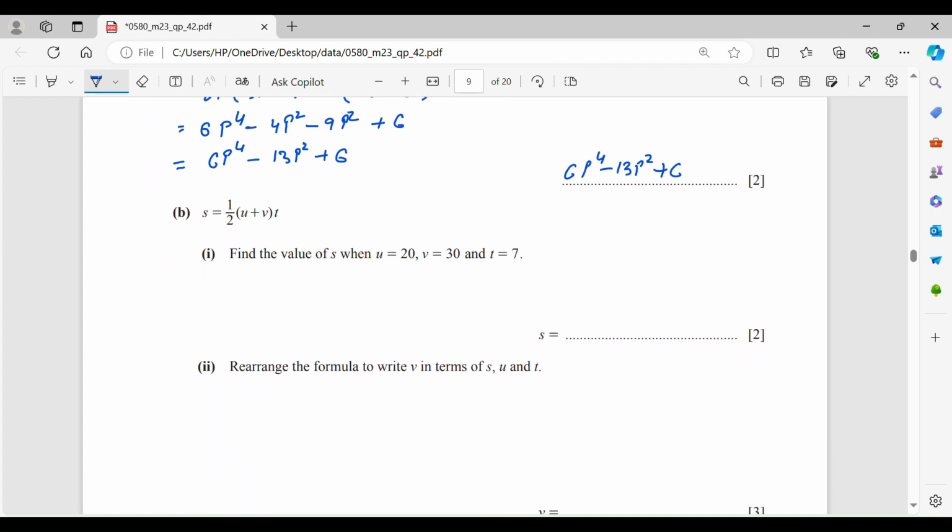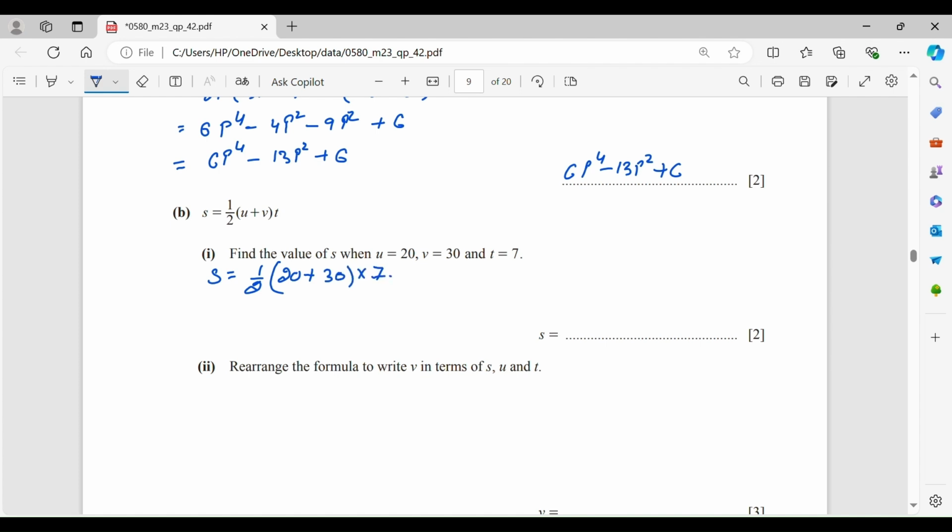Next, part B. For s is equal to the given formula, find the value of s when these values are given. So we need to substitute these values. Then s will be equal to 1 by 2, u is 20 plus v is 30, into 7.